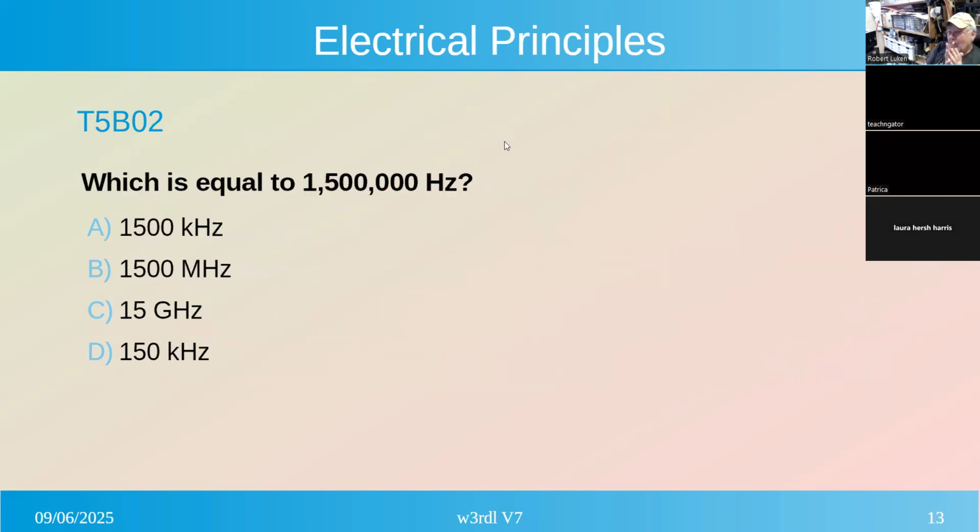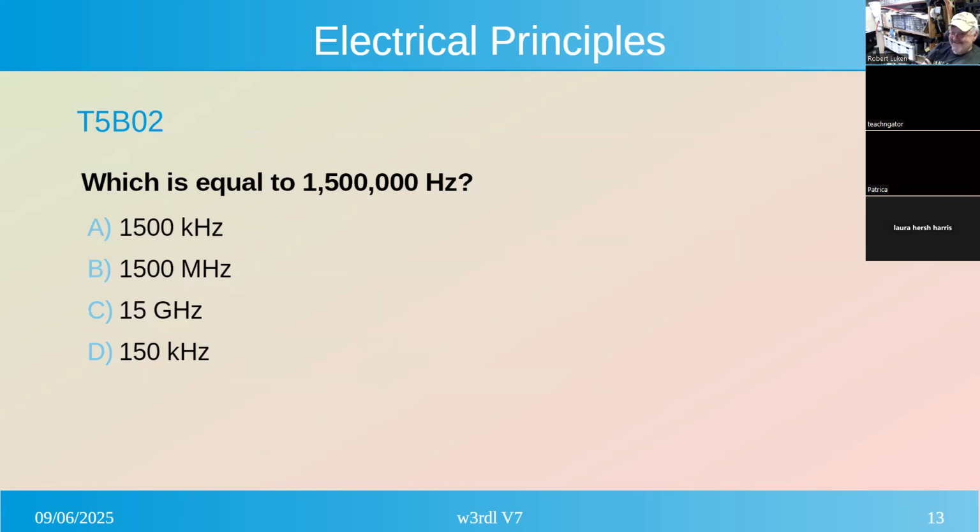So which is equal to 1,500,000 hertz? Here they don't tell you what the conversion is. You have to figure it out. You have to do the calculations for all of them.